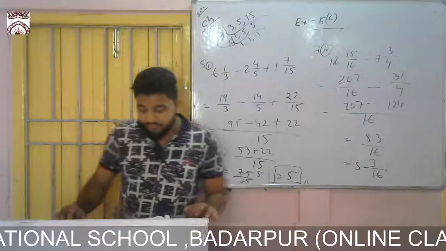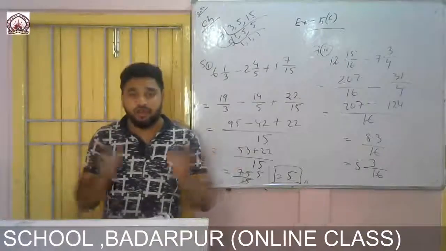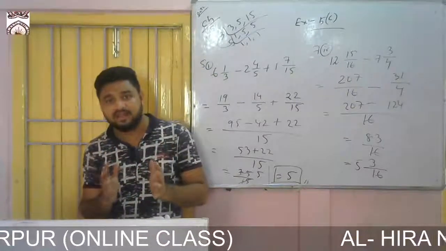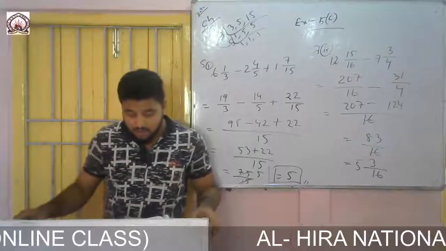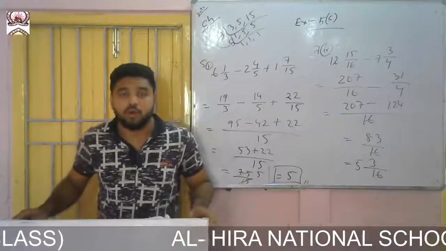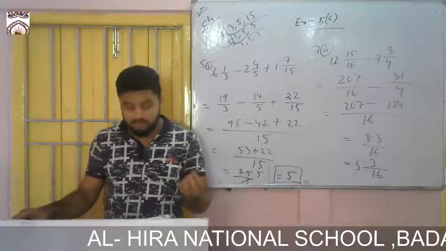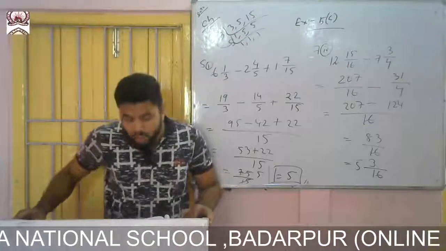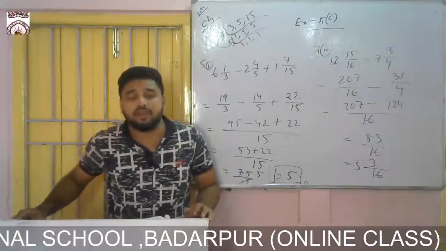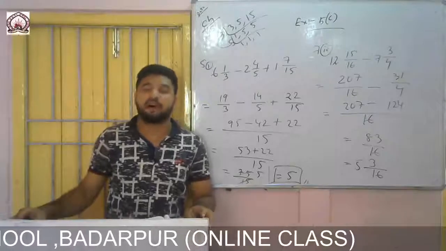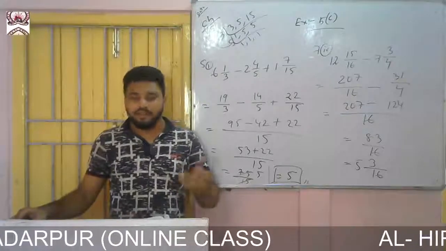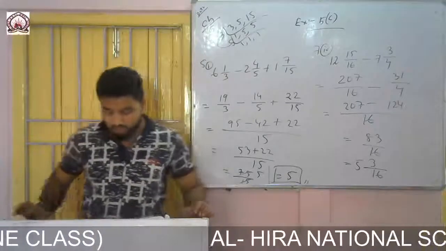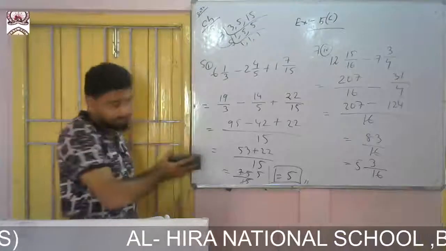So if I add all the weights of the rocks, then whatever result comes, I shall compare with the weight the wheelbarrow can hold. If the wheelbarrow's capacity is greater than the weight of the 4 rocks, then it can hold them, and if the rocks weigh more, then it cannot hold.